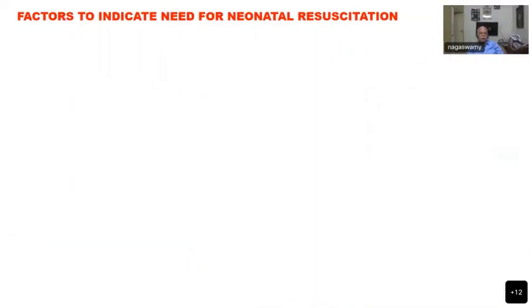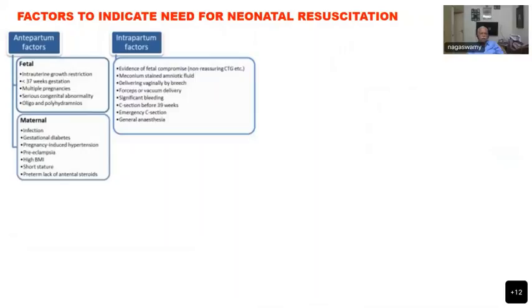Then the factors to indicate the need for neonatal resuscitation, you can classify into antepartum and intrapartum. Antepartum fetal causes are IUGR or a premature baby, multiple pregnancies, or serious congenital anomalies detected by antenatal checkup, oligo or polyhydramnios.